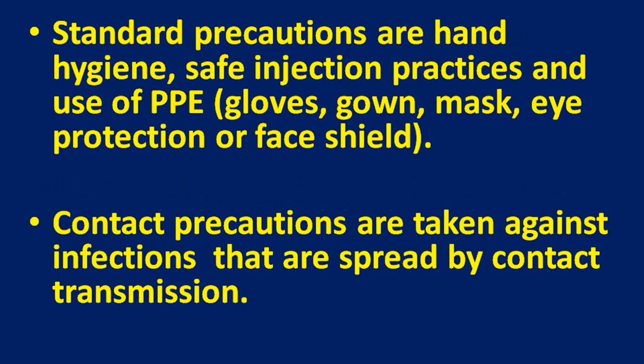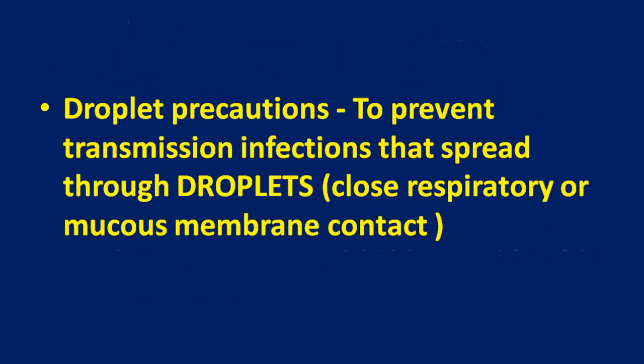And the other option, standard precautions, are hand hygiene, safe injection practices and use of PPE, personal protective equipment, like gloves, gown, mask, eye protection or face shield. Next option, contact precautions are taken against infections that are spread by contact transmission. Droplet precautions prevent transmission of infections that spread through droplets, that is close respiratory or mucous membrane contact.